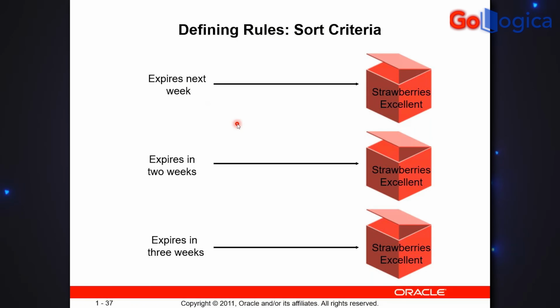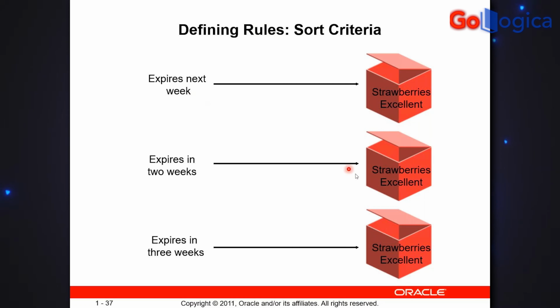Then we have some of the sort criteria that we will see tomorrow when we discuss in detail what the sort criteria is. For example, you want to do some sorting also. Oracle will provide you that facility directly on the rules screen. So in this case, if you see, there are some strawberries that are expiring next week.